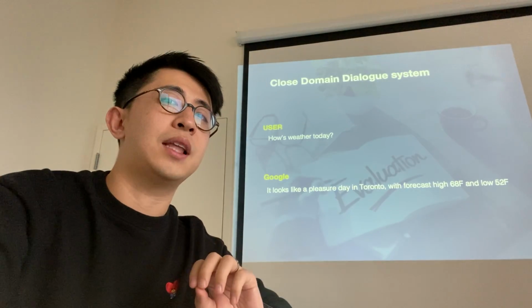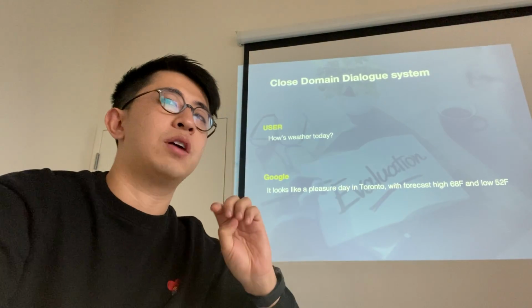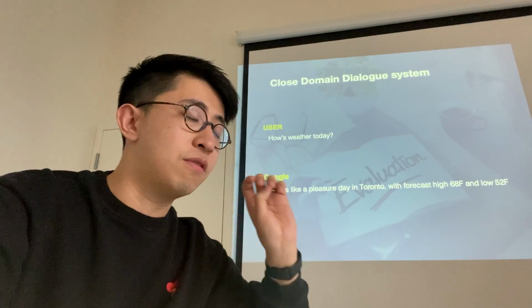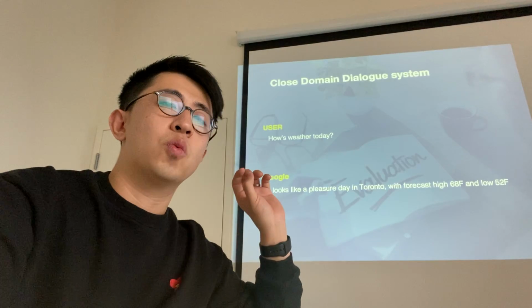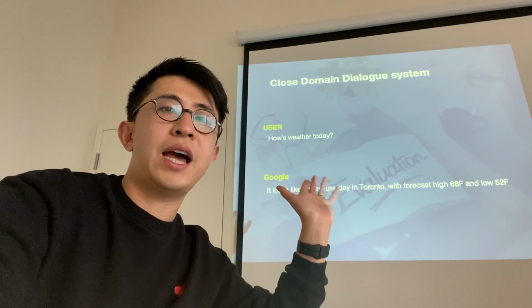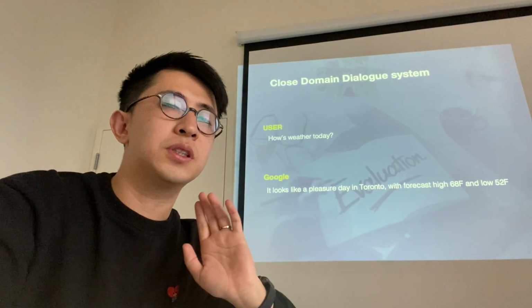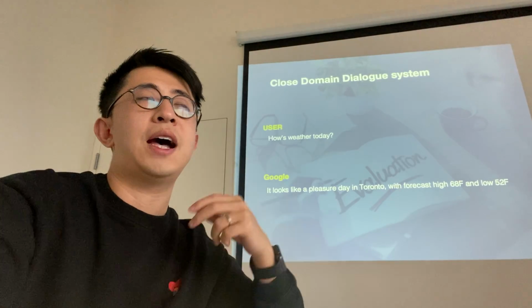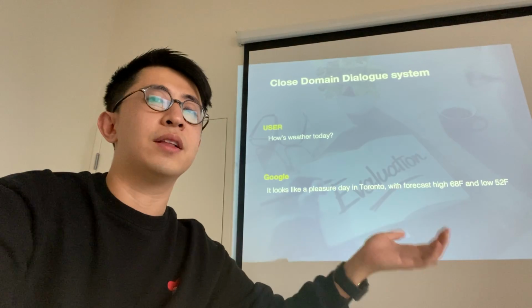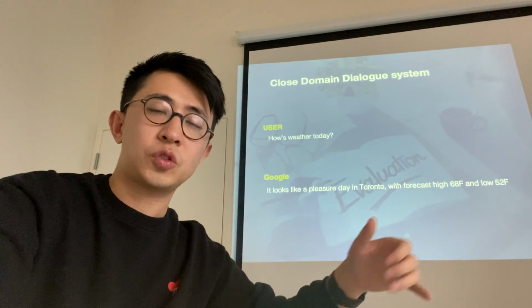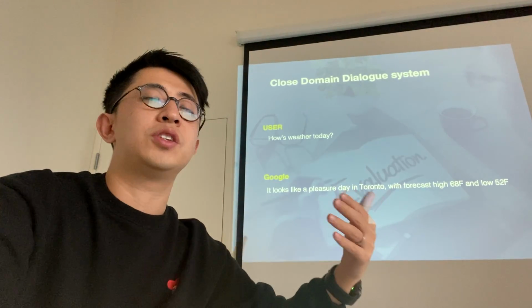And last but not least is a low ratio of human intervention. For instance, take a call center. We want to make sure that this kind of dialogue system can handle most of the work, so that people don't need to spend a lot of time at the call center answering users' questions.